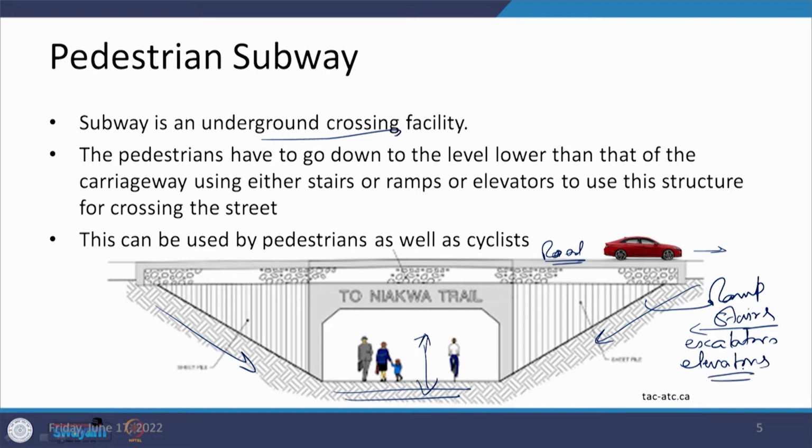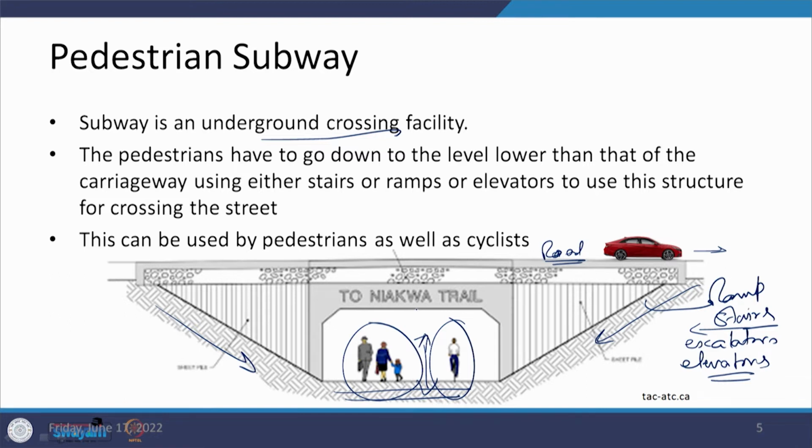elevators. It all depends on what type of users there are, and what the number of those users is in different categories. We are also talking about those who are differently abled. So, we need to provide the facilities in such a manner that this type of system is accessible to all, and we can see here that it is provided not only for the pedestrians, but it can also be utilized by people riding bicycles.